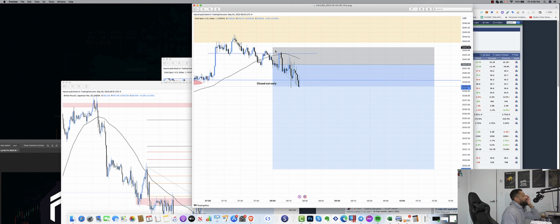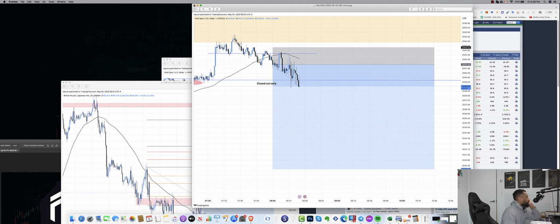Could have had a better entry, maybe up here if we came back up. Definitely could have had a better entry. But nonetheless, we did have a push down, and the price did keep pushing further down. I did close out early because the news just wasn't really liking this whipsaw as the price continued. So I just closed out early right here.